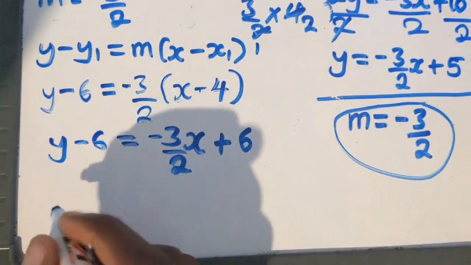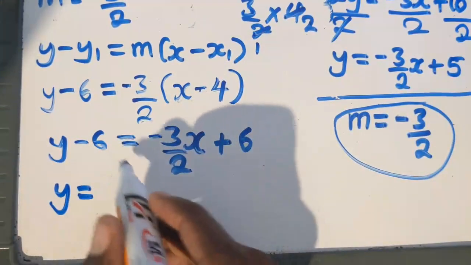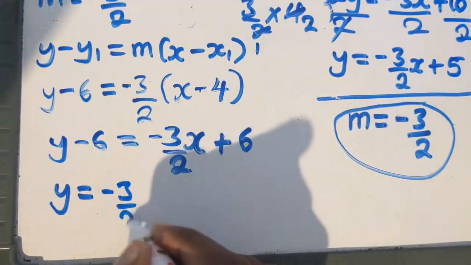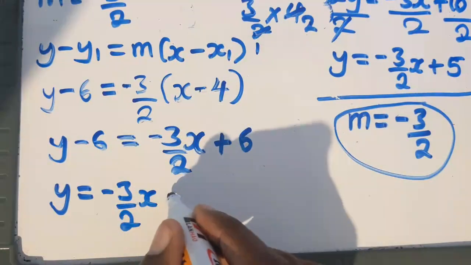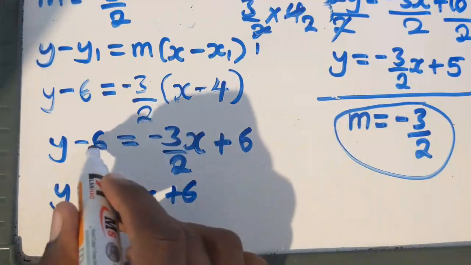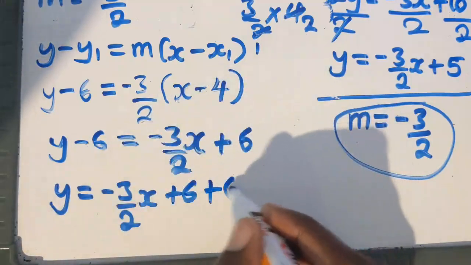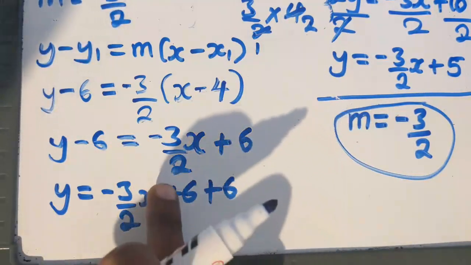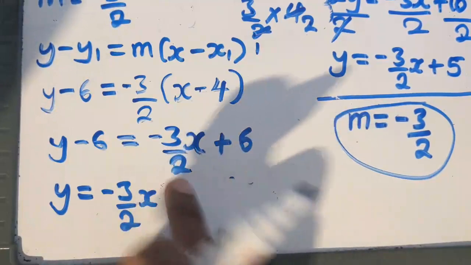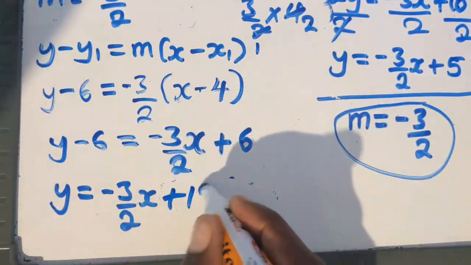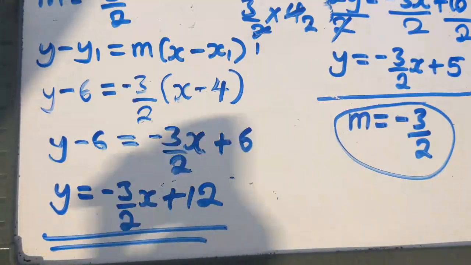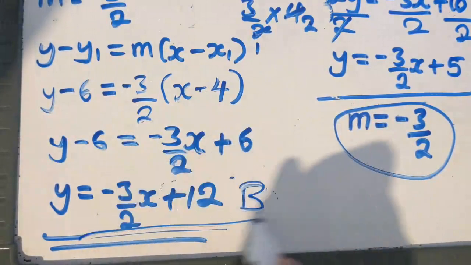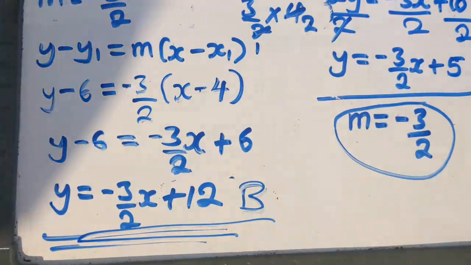So y is equal to negative 3 over 2x plus 6, then plus 6. You can simplify this: 6 plus 6 is 12, so you just put positive 12. That is the equation of B. You found the equation of B.